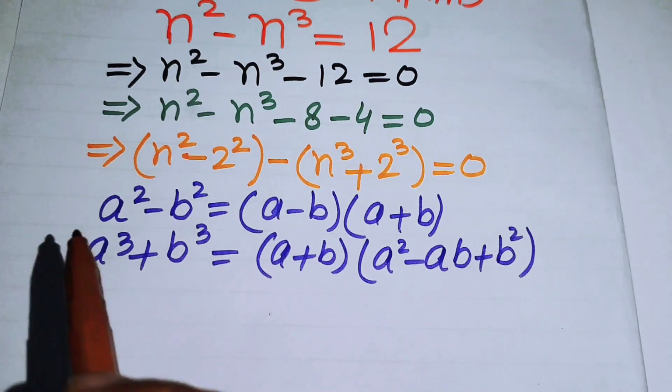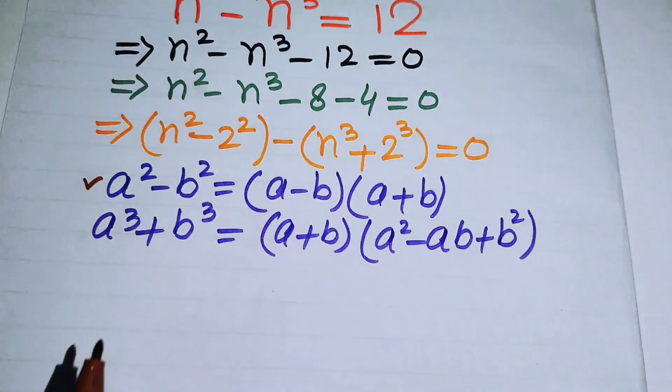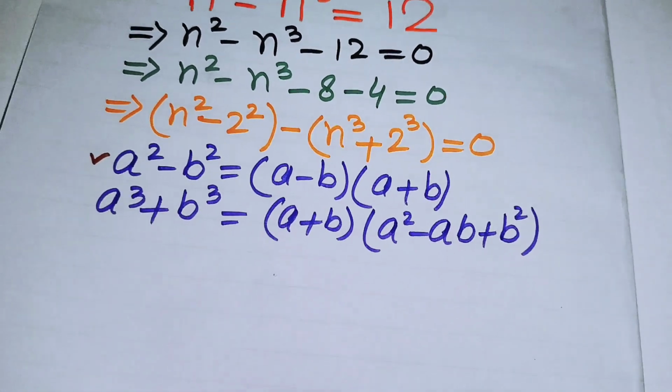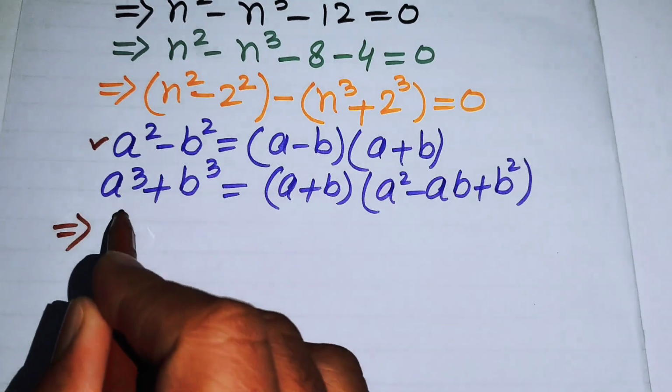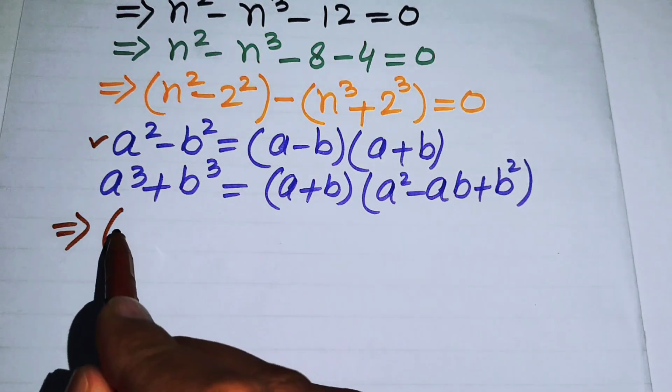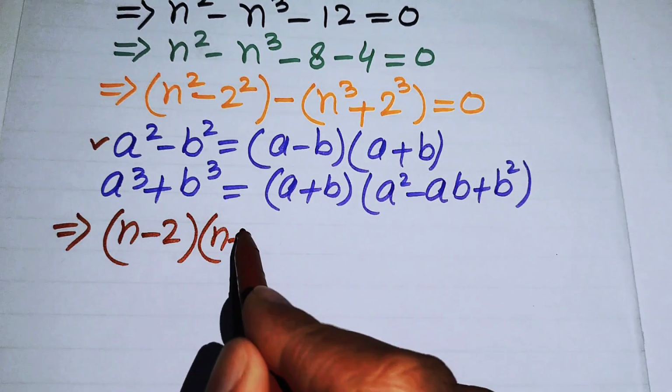Now first we use this square identity on this term, so this implies that n squared minus 2 squared equals n minus 2 times n plus 2.